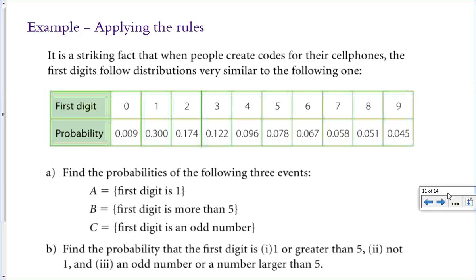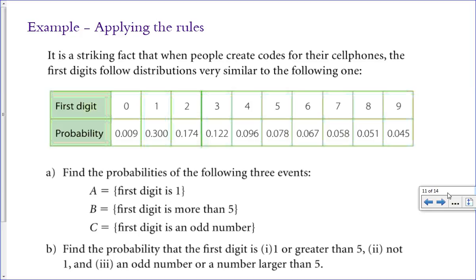So this is sort of the probability of the complement will be equal to 1 minus the probability of A. So if we define A to be 1, then 1 minus that probability will get us basically all the other probabilities added together. So it's the complementary rule in action, but it's so common sense you almost wouldn't need to use the rule in order to get it. You just need to think about, well, the fastest way to add together all the other probabilities is probably to take 1, which I know is the total, and just subtract the 0.3.